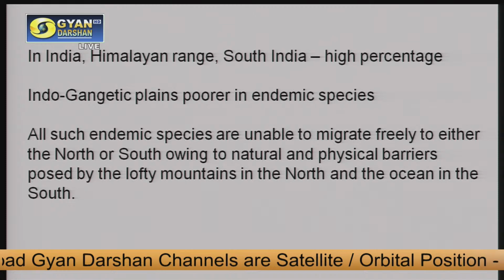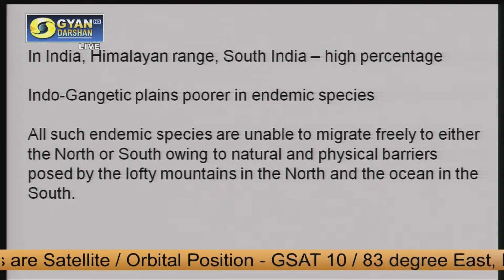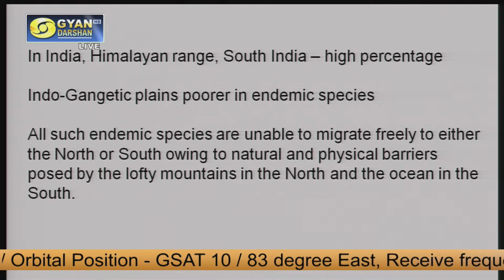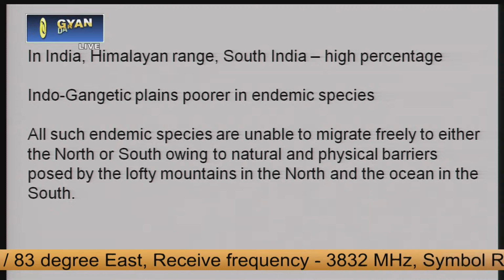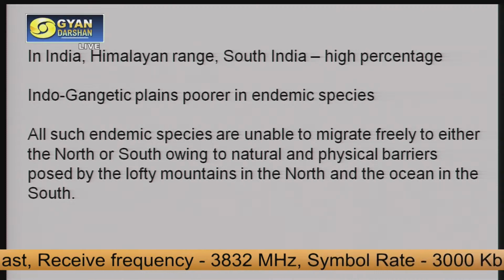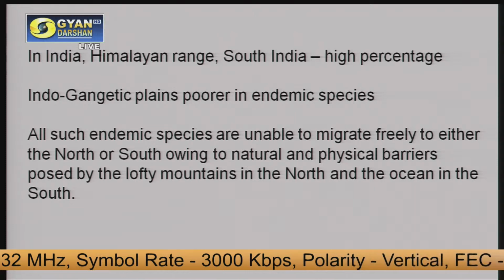In India, the Himalayan range and South India have a very high percentage of endemic species. But the Indo-Gangetic plain is very poor in endemic species, because it is plain land. There are no adequate geographical barriers. So they have fewer endemic species.